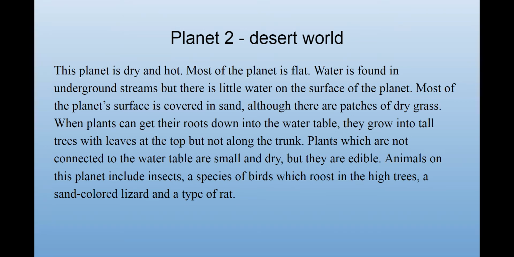Plants which are not connected to the water table are small and dry, but they are edible. Animals on this planet include insects, a species of bird which roosts high in the trees, a sand-colored lizard, and a type of rat. So again, a desert planet, mostly covered in sand, some small patches of dry grass, and occasionally tall trees with leaves on top when they get to the water below ground.